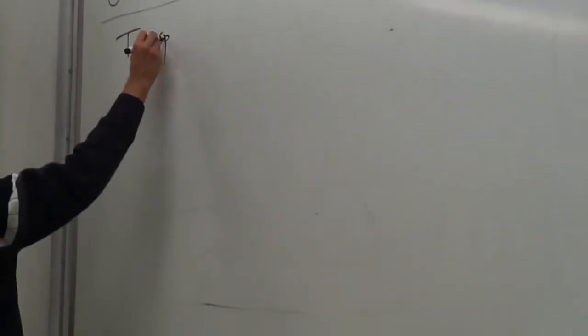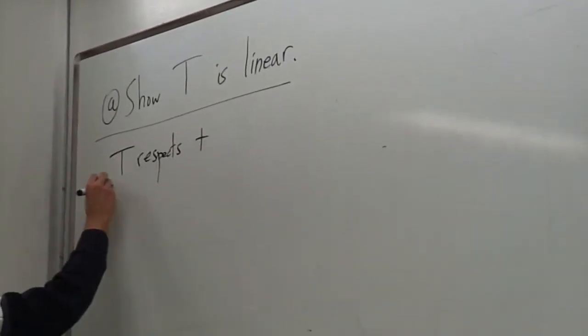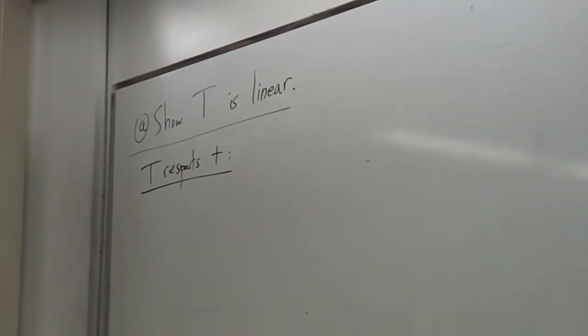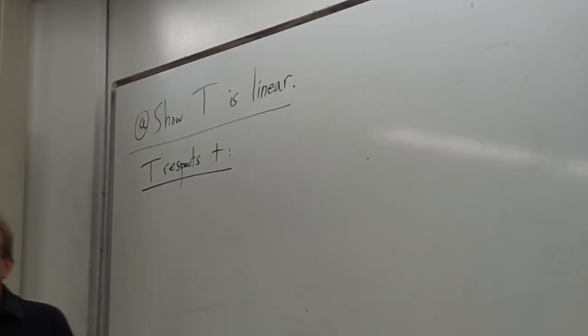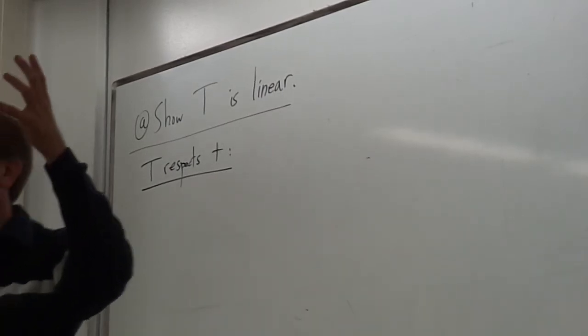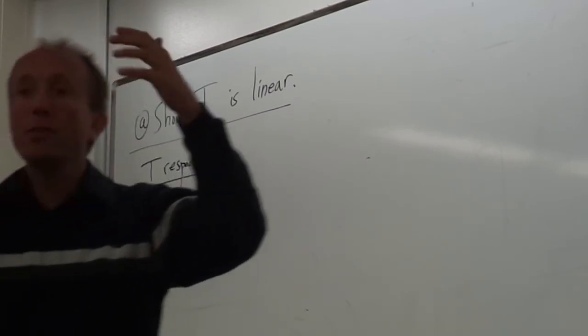T respects addition. How do we want to start that off? I need two 2 by 2 matrices, right? And I'm going to transform their sum.